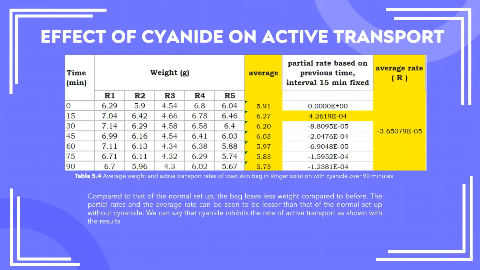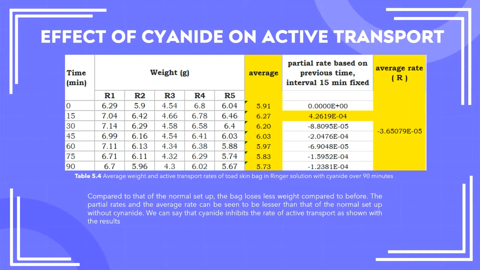Next is the effect of the cyanide on active transport. Table 5.4 demonstrates the average weight and active transport rates of toad skin bag in linear solution with cyanide over 90 minutes. We can see that as compared to the normal setup, the bag loses less weight.